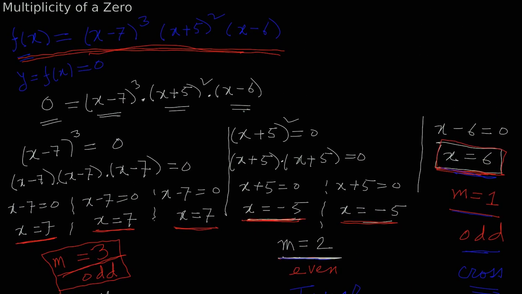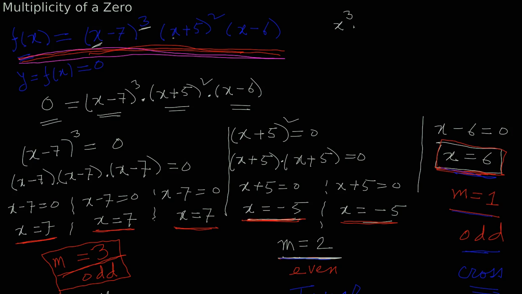So here you go. This is my function. Let us try to find out the degree for this particular function. First of all, I have x and I have cube, so I get x cube.